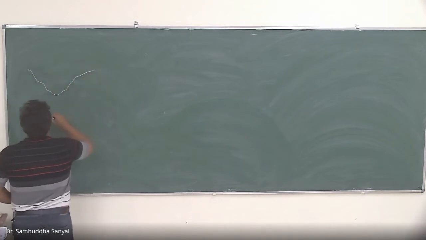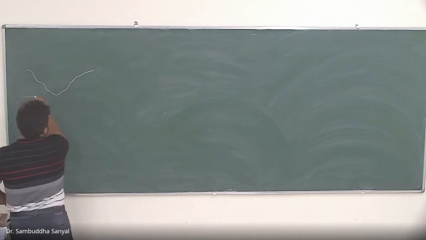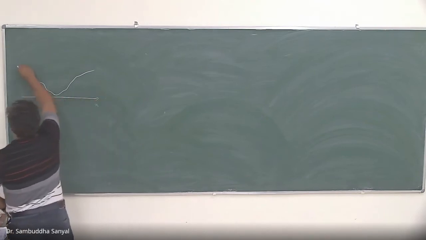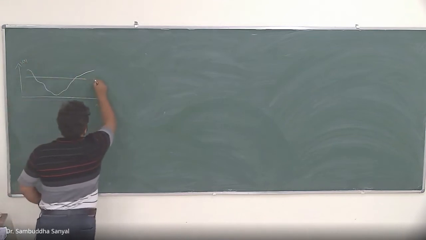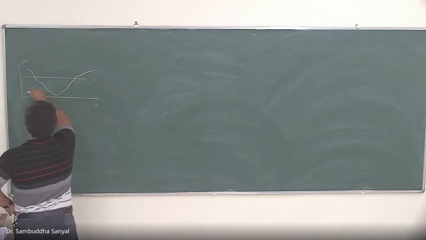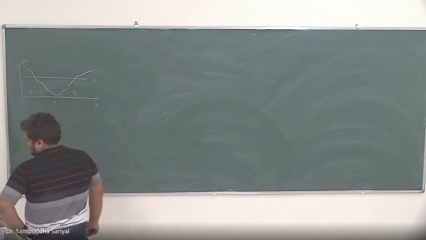So if I give you a general potential like that, then you know this is your x direction, and this is V(x), and your energy is somewhere here, then there are three regions, and I discussed the general structure of the solution.